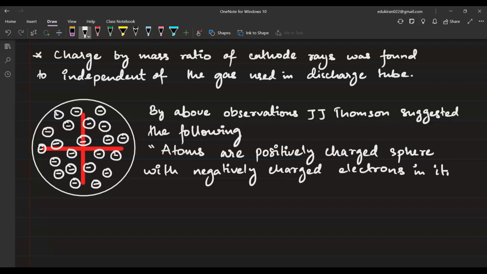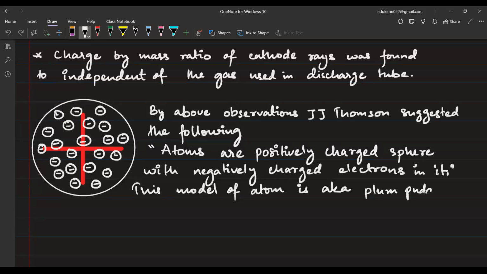Okay. This model of atom is AKA. What is the meaning of AKA? You guys don't know? Also known as. AKA means also known as.